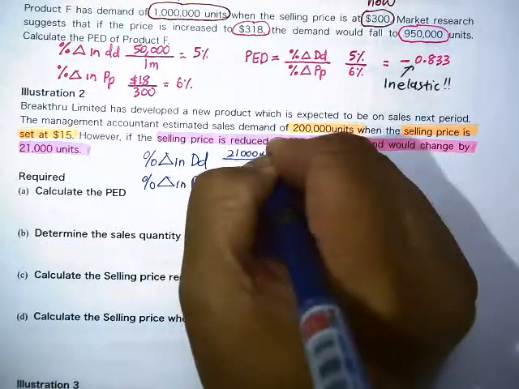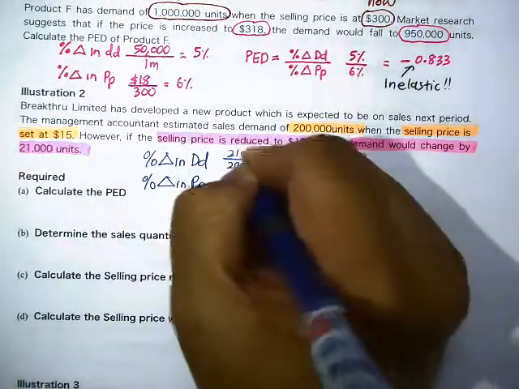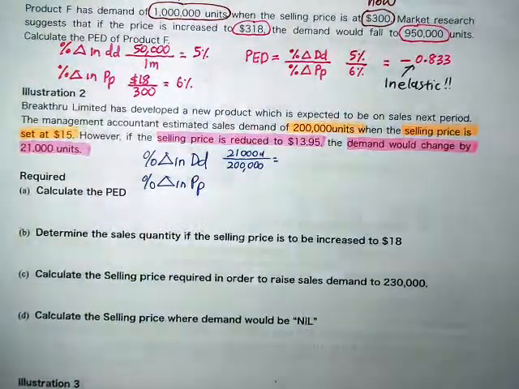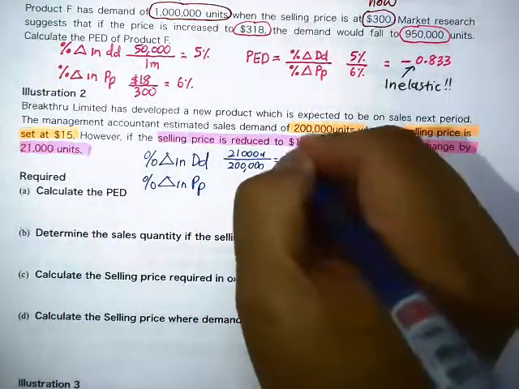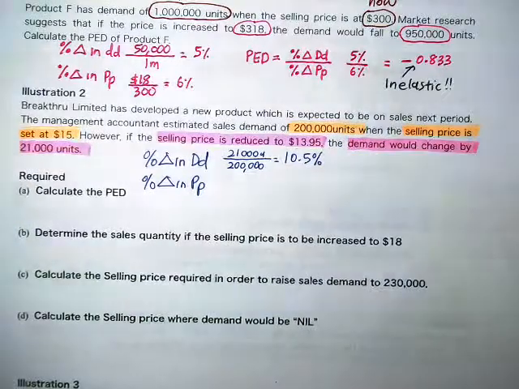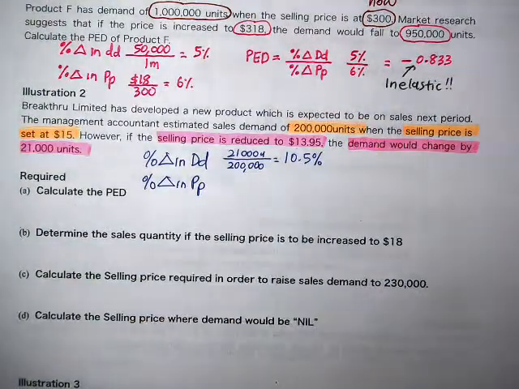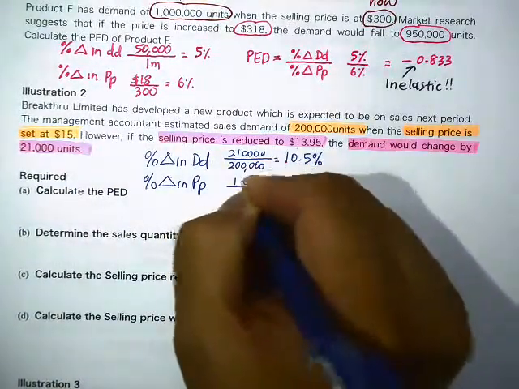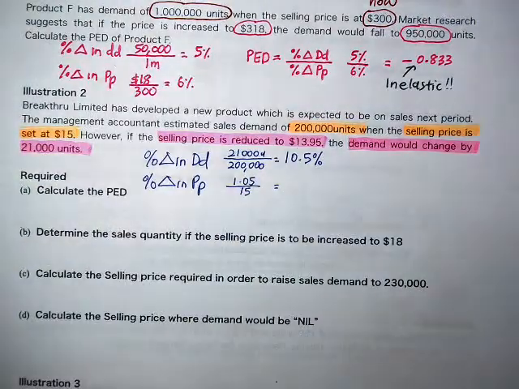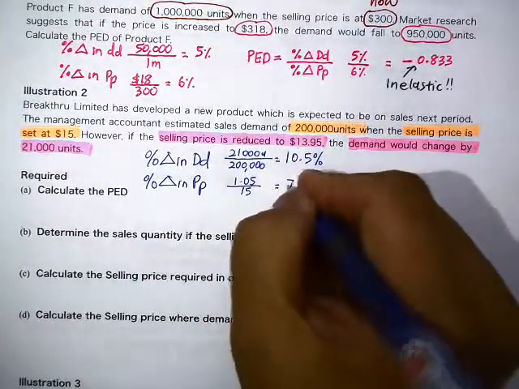But class, you change from where? Change from 200,000. That means your change will be 10.5%. And the price is 15 to 13.95. That means your change is 1.05 from 15. So that will be 7%.